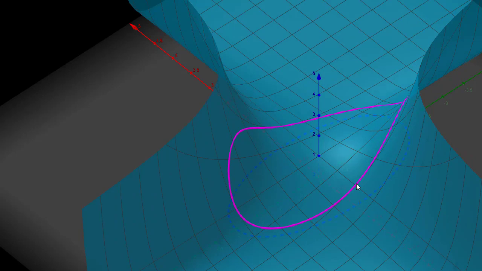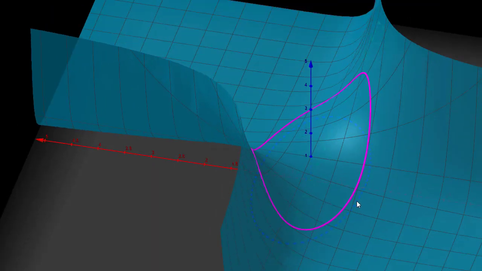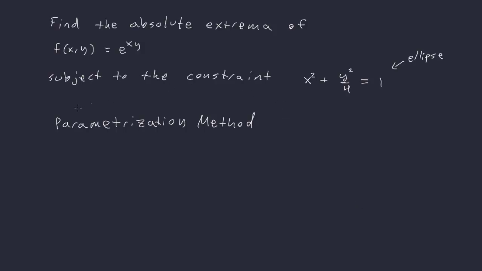Okay. All right. So let's see which method actually ends up being easier for us, the parameterization method or the Lagrange multiplier method. Okay, so for the parameterization method, we need to parameterize this ellipse.